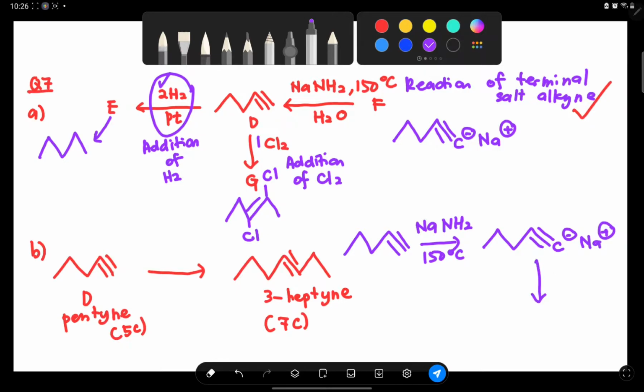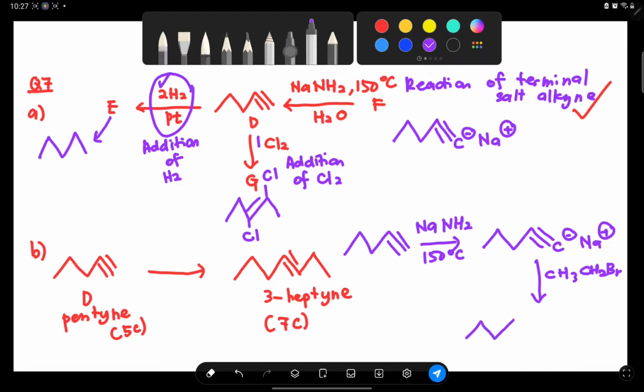Then react. So how many carbons here? 1, 2, 3, 4, 5. You want to produce 7, right? So you need to add 2 carbons here. So how to add? You need to add an alkyl halide. How many carbons in the alkyl halide do you need? 2. CH3CH2Br.